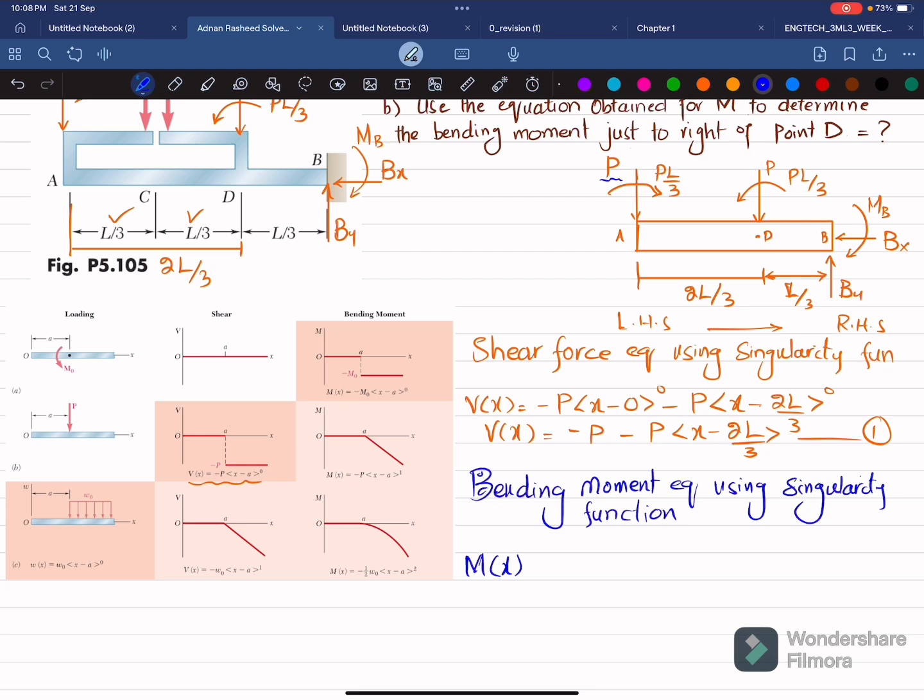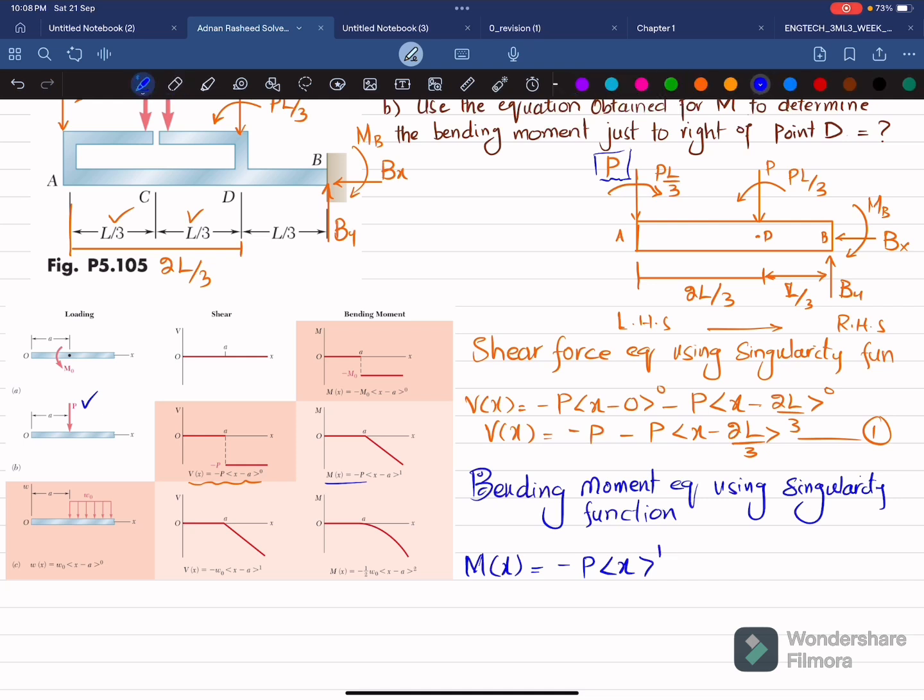You can see the bending moment for a point load P is this one. So I will write minus P into x minus a, for this P load a is equal to 0. So I will write x minus 0 to the power, not x square, this is 1. So correct it, this is 1.